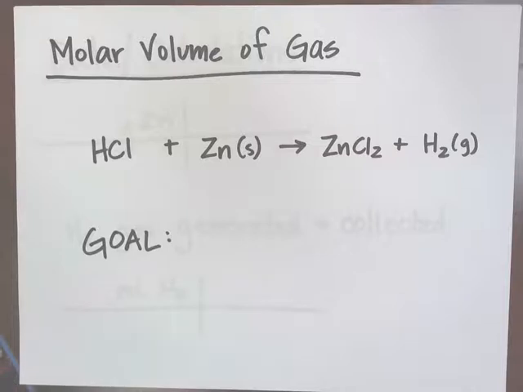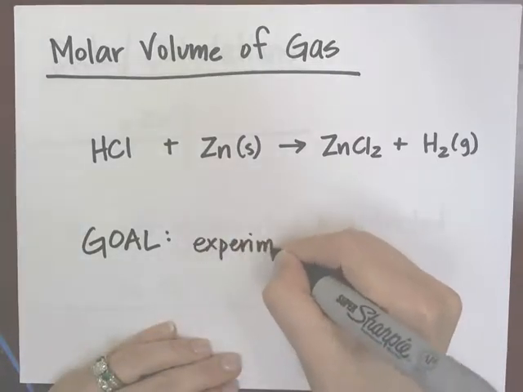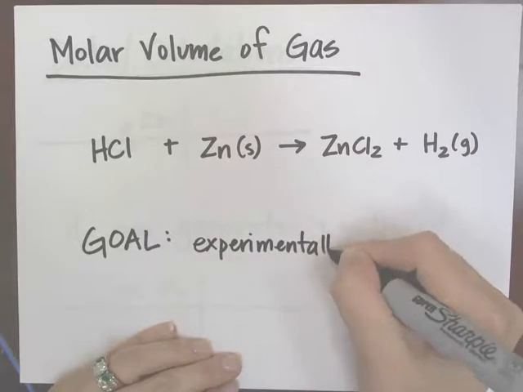Okay, lab 7, we're going to generate a gas. We're going to make some hydrogen gas, and we're going to try to experimentally determine the molar volume of a gas.